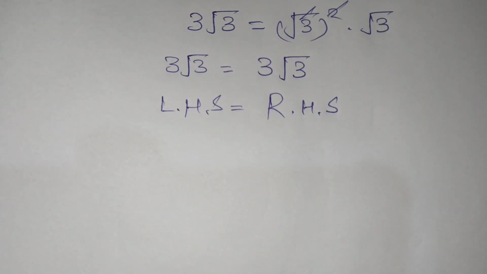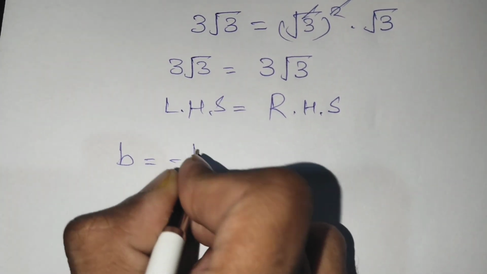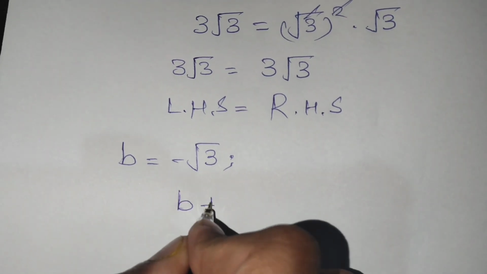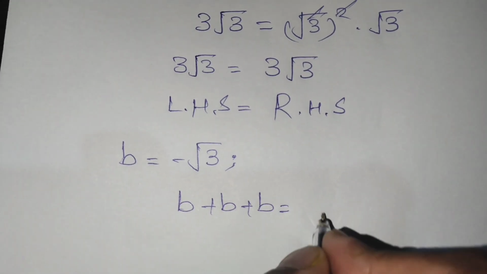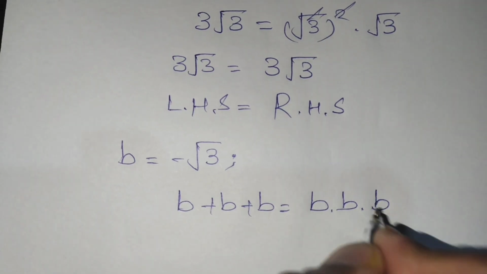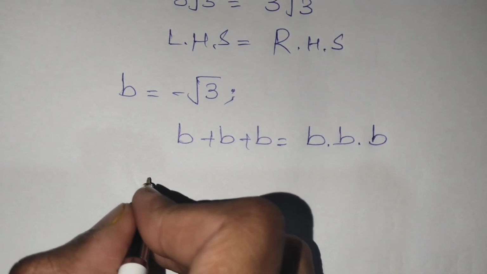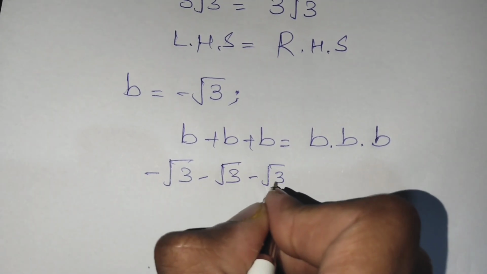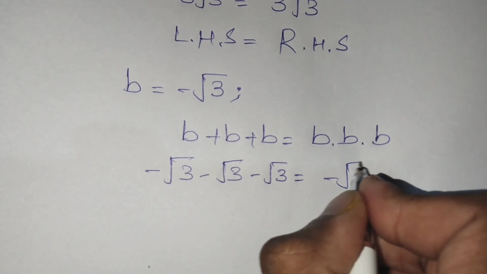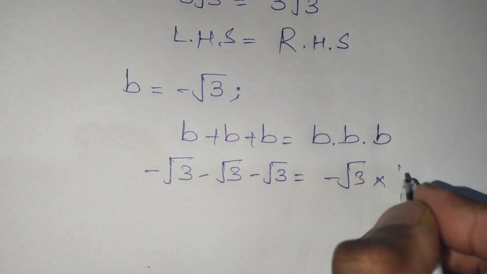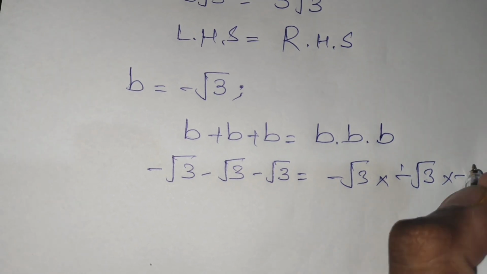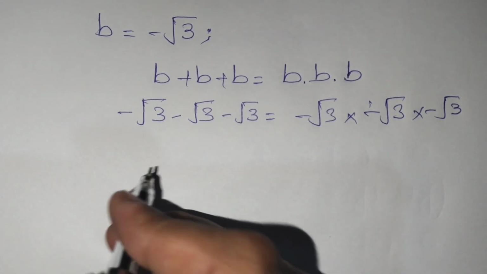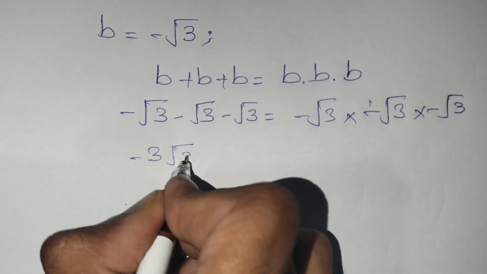Now we will check another value of b, which is negative of square root 3. We have b plus b plus b equals b times b times b. Minus square root of 3 minus square root of 3 minus square root of 3 equals minus square root of 3 times minus square root of 3 times minus square root of 3. This will be minus 3 times square root of 3.